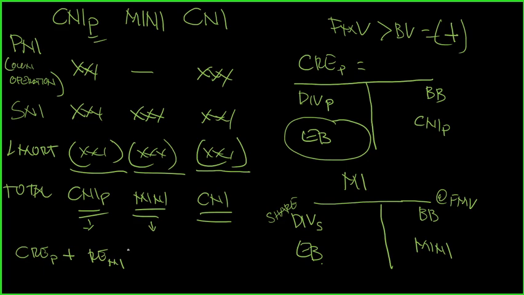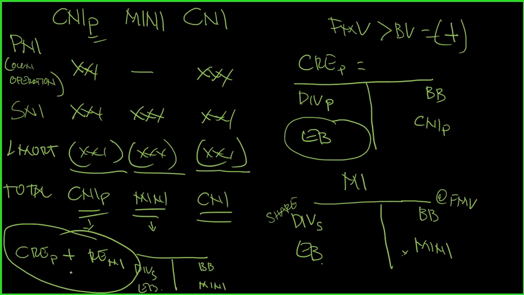Okay, and if that's the case, you are going to use this. You can have a separate T account for that, beginning retained earnings plus minority interest net income. Ganun na naman. Okay, dividends, share sa dividends ng subsidiary, and you have the ending balance. Yung mga modifications natin dito.